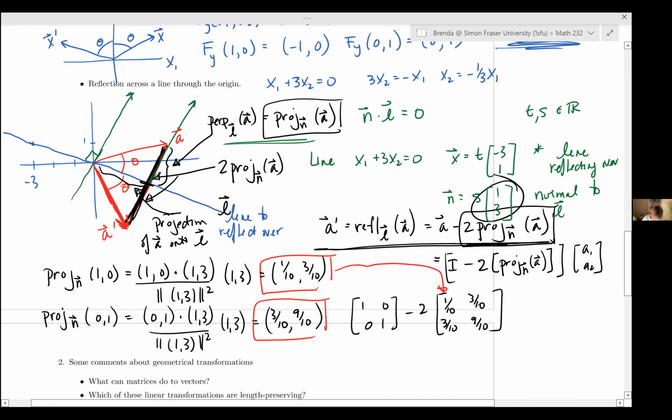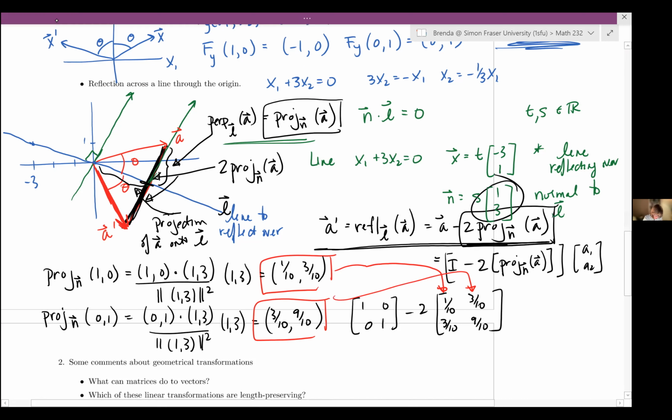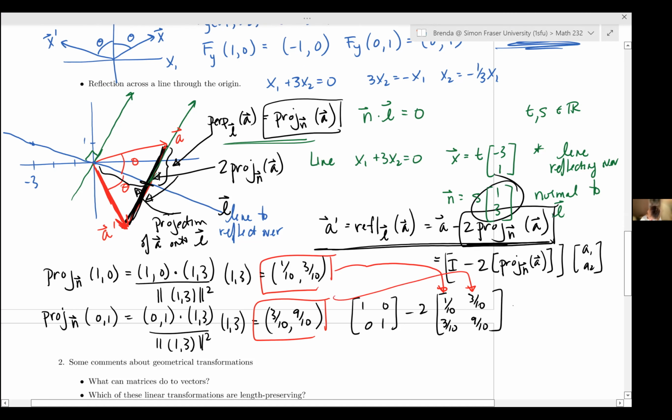Is this guy here. Like that. I'm going to perform this operation. And if I don't make an arithmetic mistake, I got here 8/10, minus 6/10, minus 6/10 and minus 8/10. There.